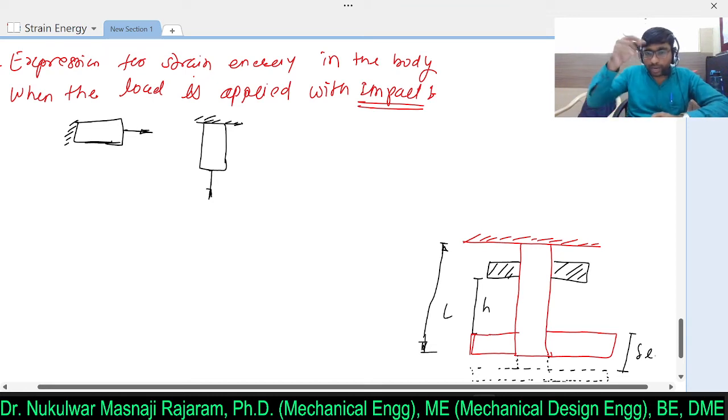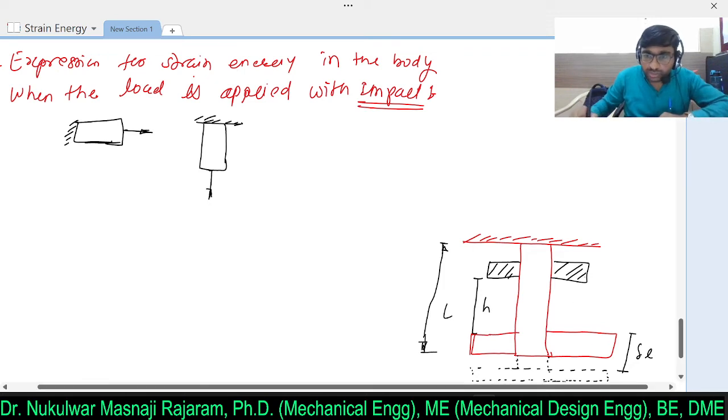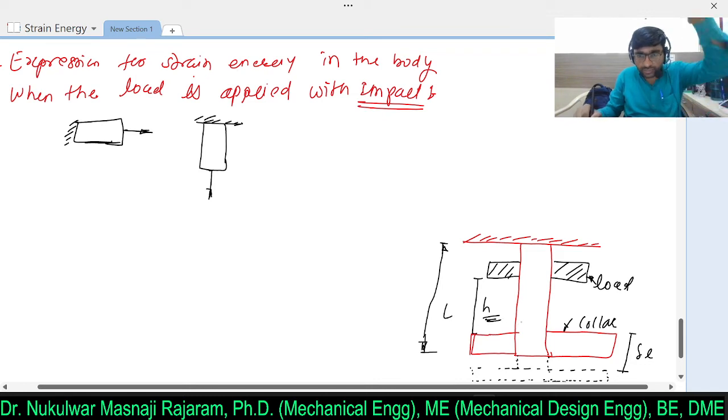Now when you apply the load from some height, clear, so this is nothing but a load. Clear. So this is nothing but a collar. When you apply this load from some height, that is h, and when there is an impact load, clear, due to that this body will get deformed. Simple.